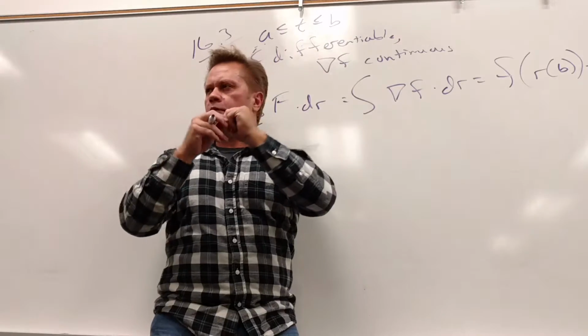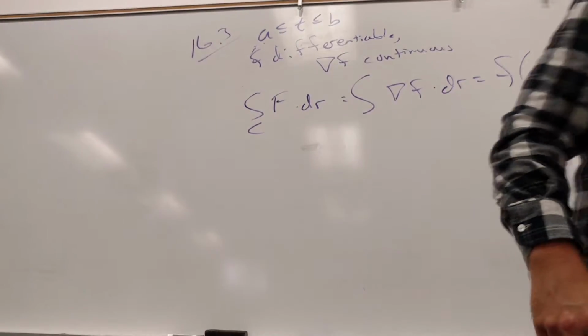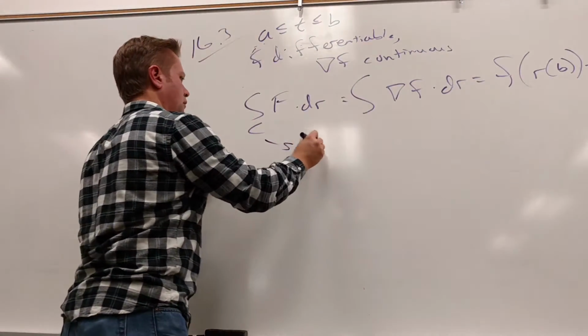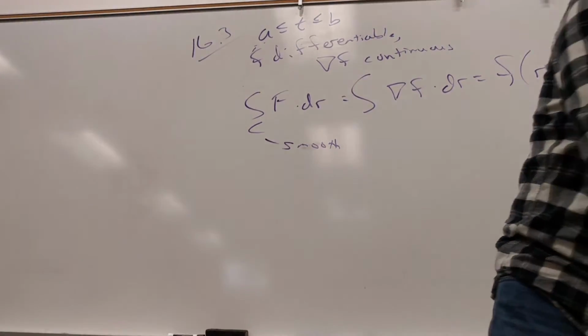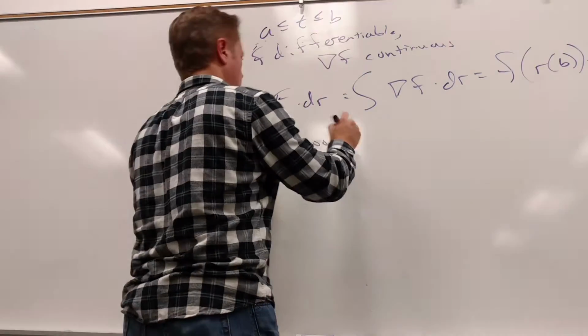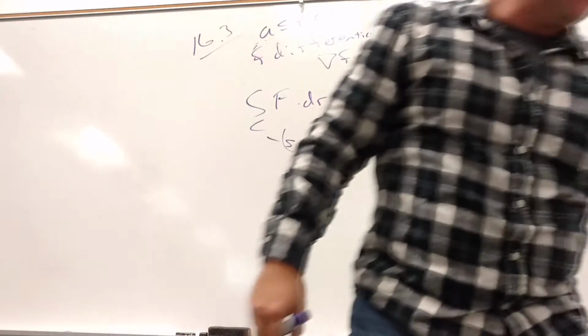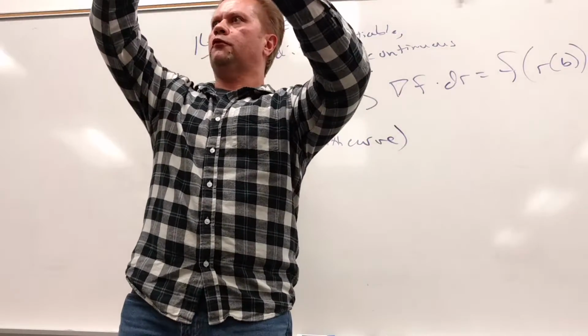So, I mean, there's a whole proof I'm not going to go through. But C has got to be a smooth curve, which maybe kind of makes sense. You can't have anywhere where it does something freaky.